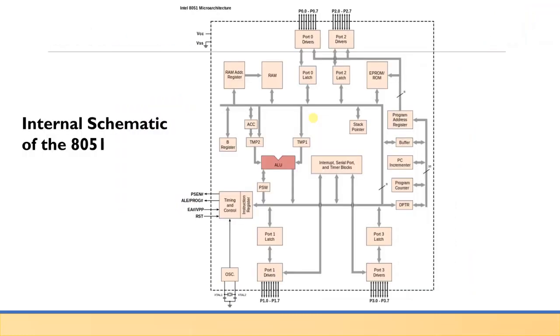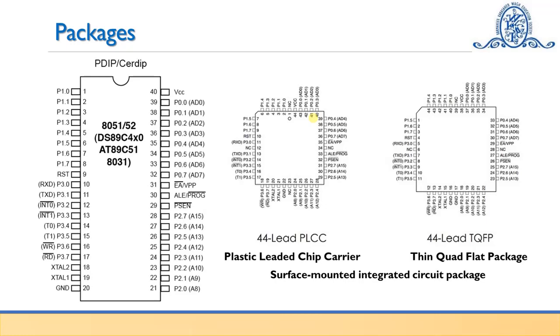This is a detailed internal schematic of the 8051. It has ALU and different blocks which are connected together so that they will function like a mini computer. These are the various packages in which this IC is available.